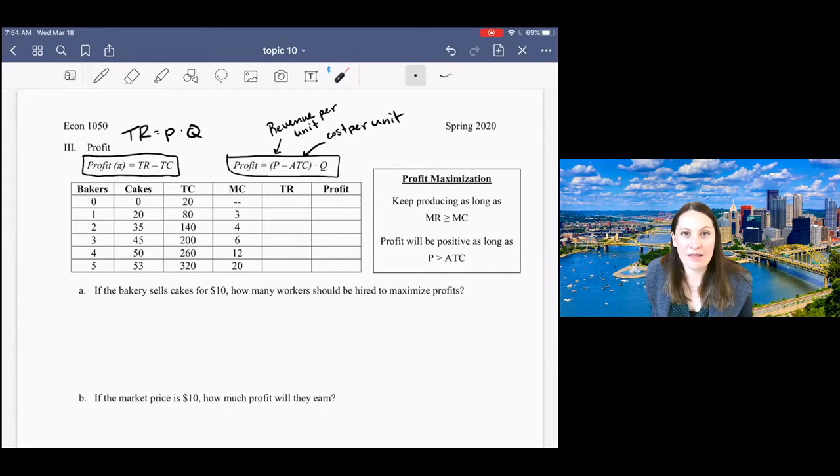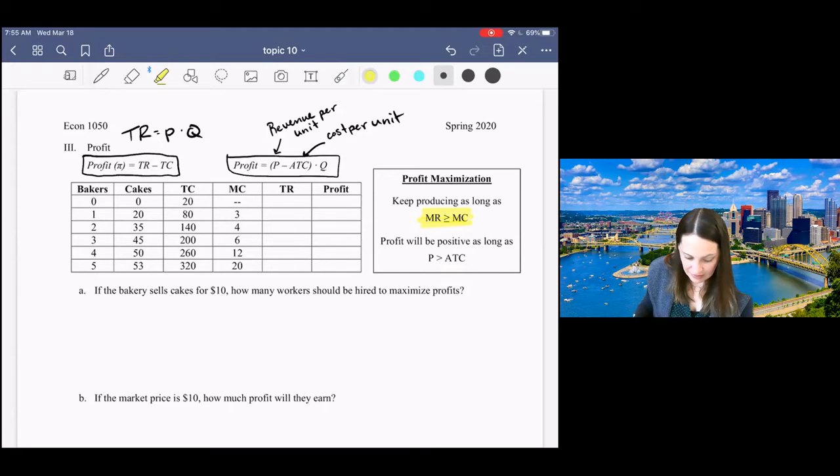Don't sell anything for less than it costs you to produce, right? If you're selling something for more than the cost of production, you're going to be making money, and you want to do that. So this is our profit maximization rule here. Okay, always sell something for more than it costs to produce. Okay, so we're going to keep on producing as long as that is true.